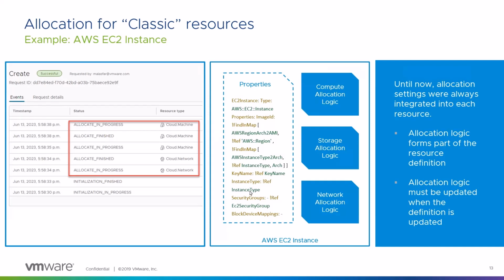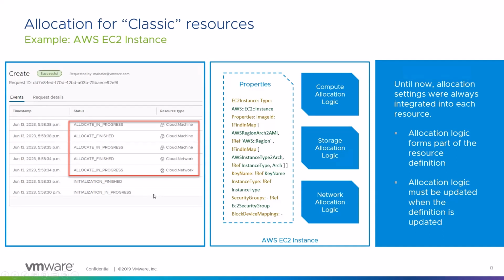So if you're looking at the EC2 classic resource that you drag and drop in the template, if we update the definition of the resource, then we'll also have to update the allocation logic within the resource definition.